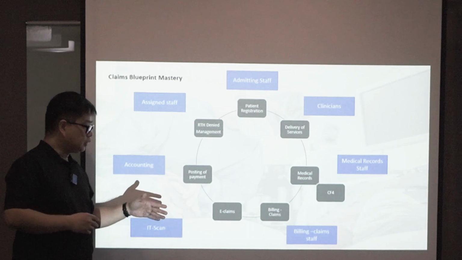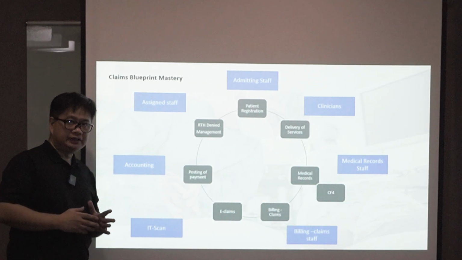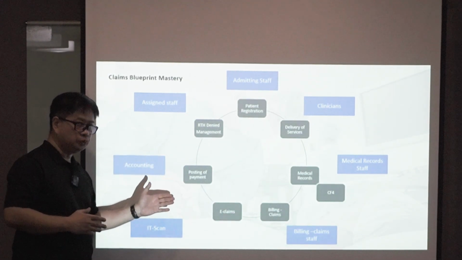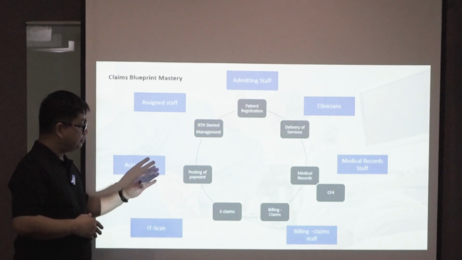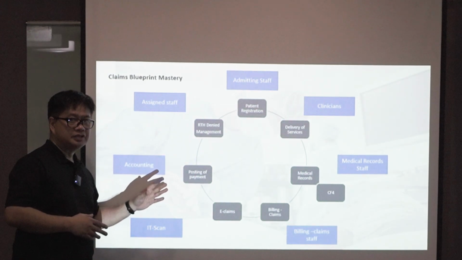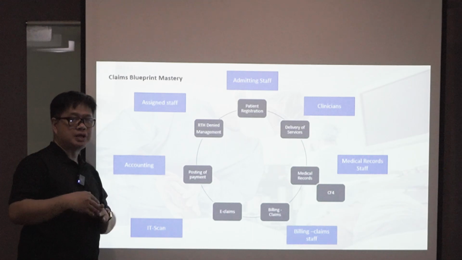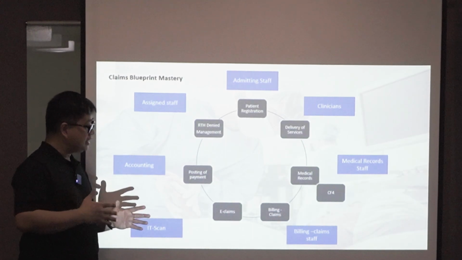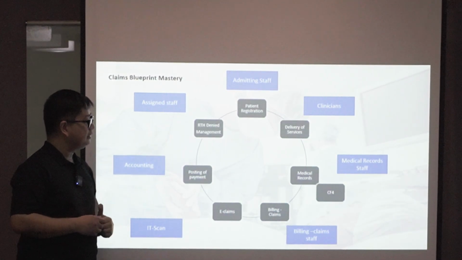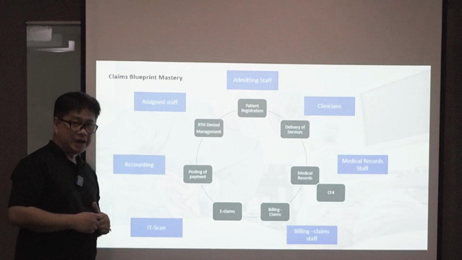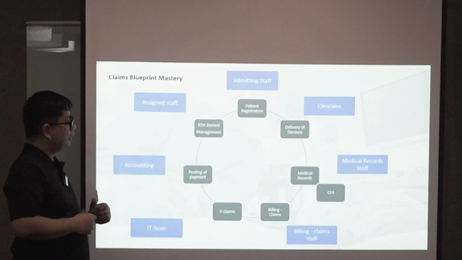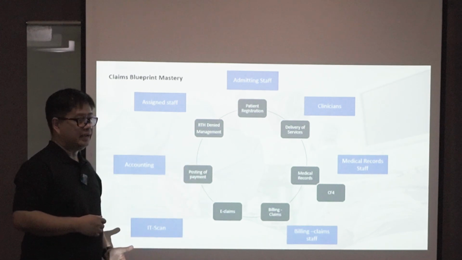In posting payment, it is very critical that certain people should do it. From posting of payment, in the event some of the claims are not paid or some of the claims were denied, the next level should come in. You have the RTH denied management. And it completes the cycle.